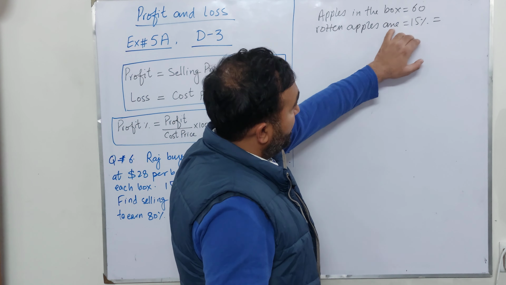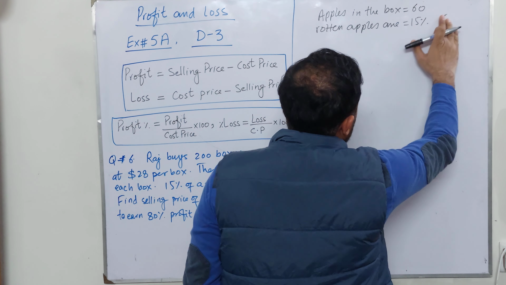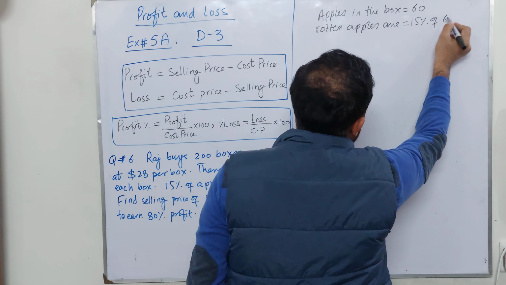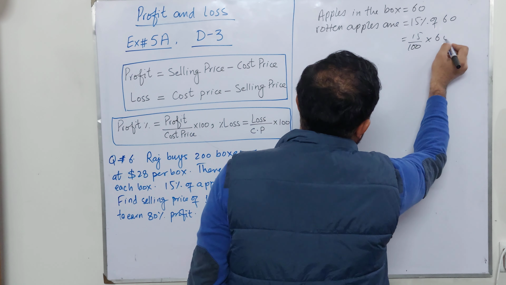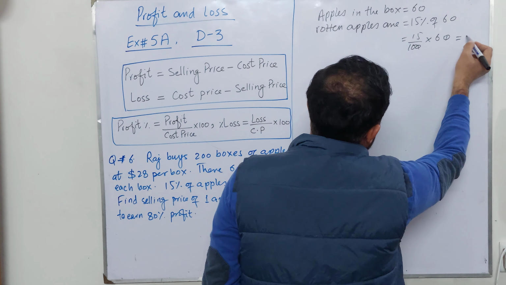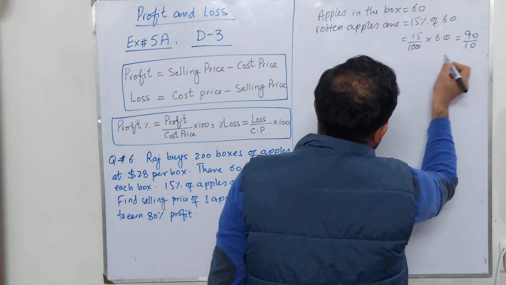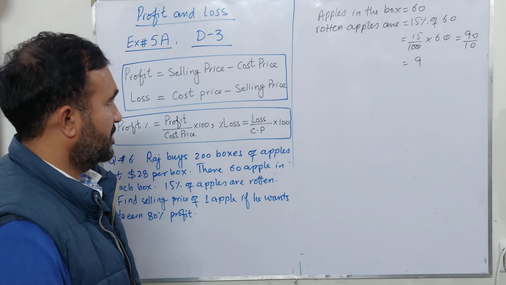So it will be 15% of 60, right? So it will be 15 by 100 times 60. 0 0 cancelled, so it will be 90 by 10, so it means that 9 apples are rotten.